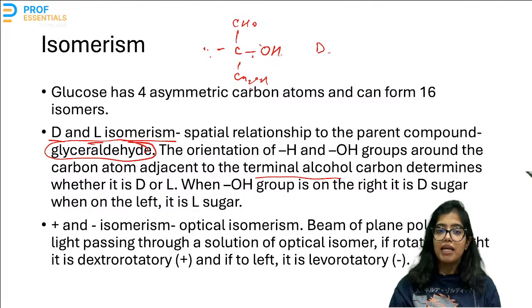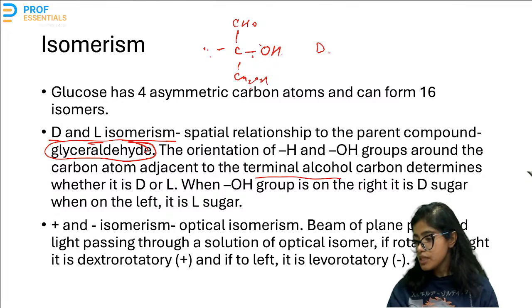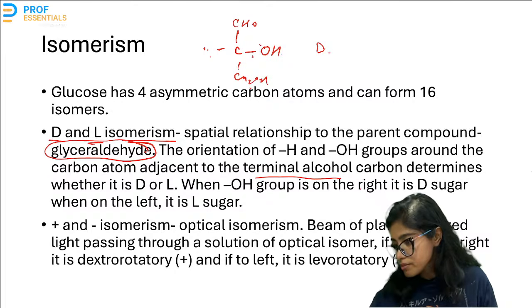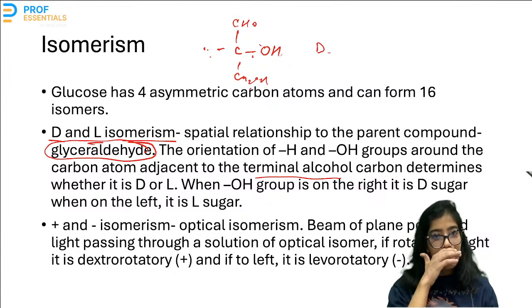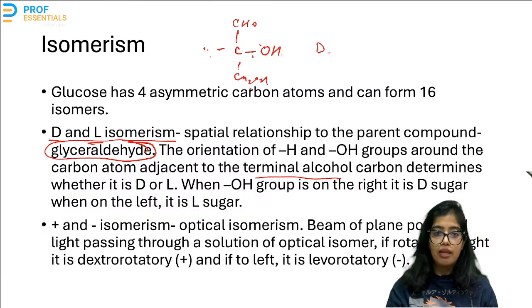Now, plus and minus isomerism. What is plus and minus isomerism? Here it is optical isomerism. That means stereoisomerism.